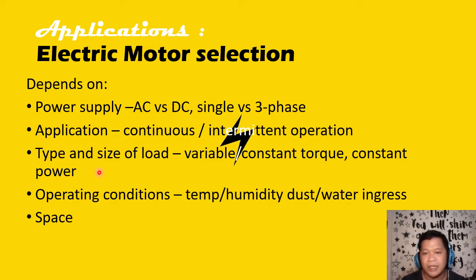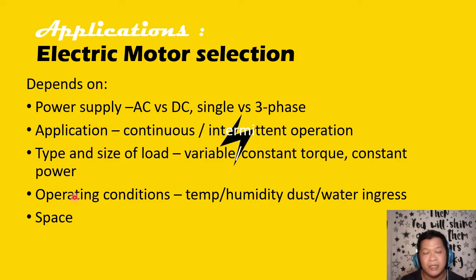You want to know the type and size of load, whether you want constant power, such as in a conveyor belt, or something that could have a variable torque. Let's say when you want to adjust the agitation speed or the level of mixing or grinding. And then you have to consider the conditions. So some operating rooms are highly humid. Some others are dry.